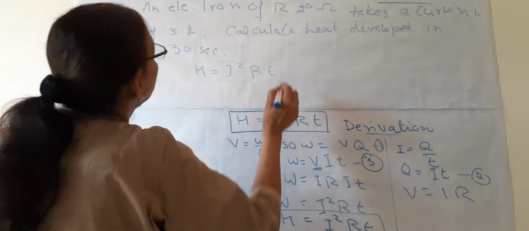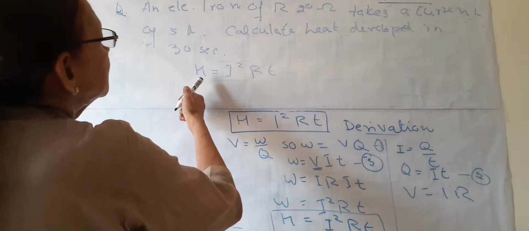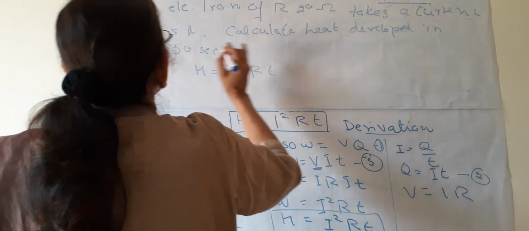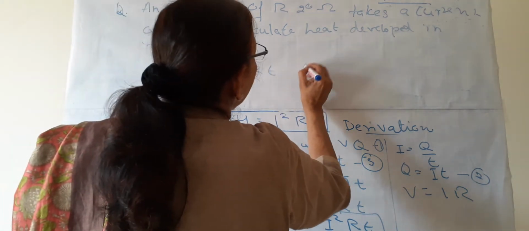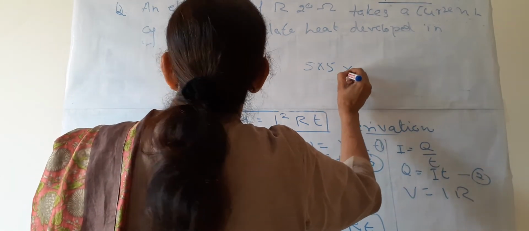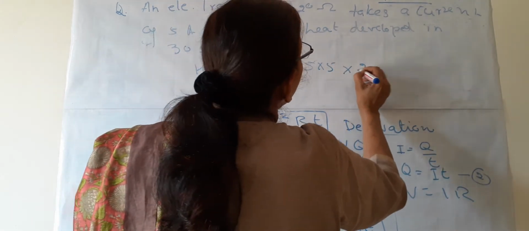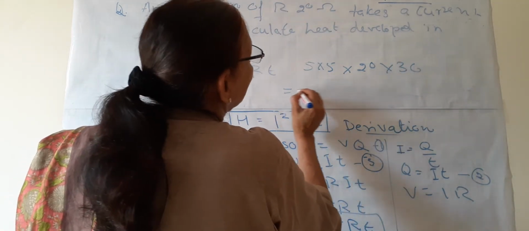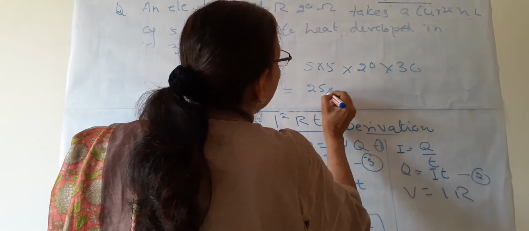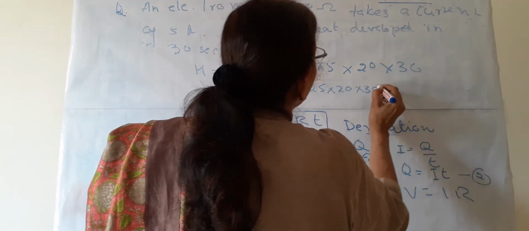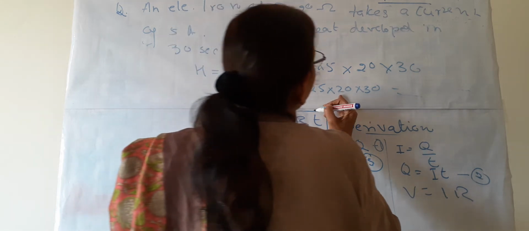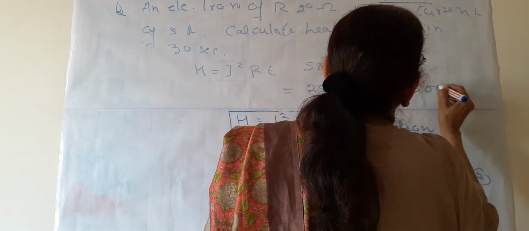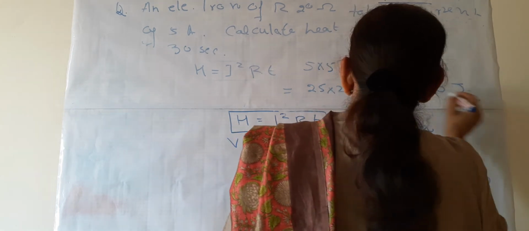H is equal to I square RT. We have to calculate H. I is 5 ampere. 5 into 5 is 25, into resistance 20, and seconds are 30. So it will be 25 into 20 into 30. It will be 500 into 3, 1500 joules.